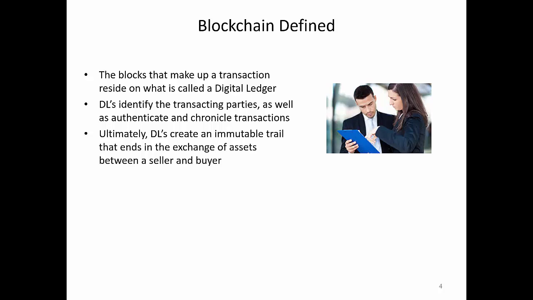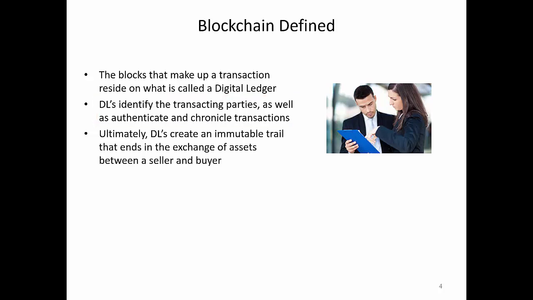And what this digital ledger does is to identify transacting parties, buyers, sellers, banks, insurance companies, customs entities, etc., as well as authenticate and chronicle the transactions that take place between this multitude of international players.